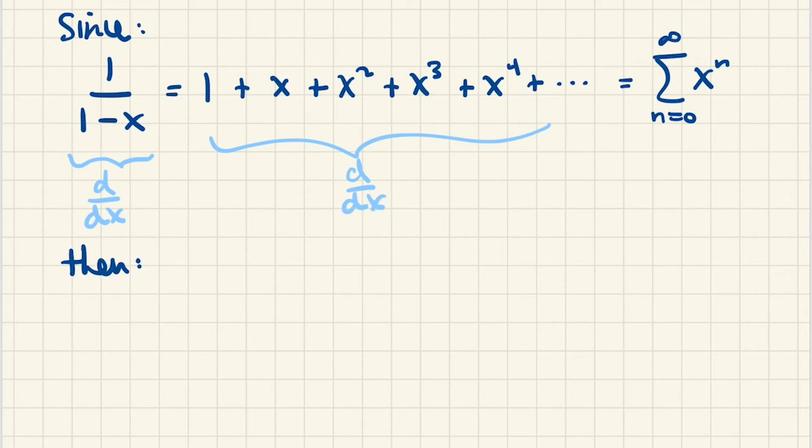So taking the derivative of the left-hand side here, 1 over 1 minus x, we know that's 1 over 1 minus x quantity squared.